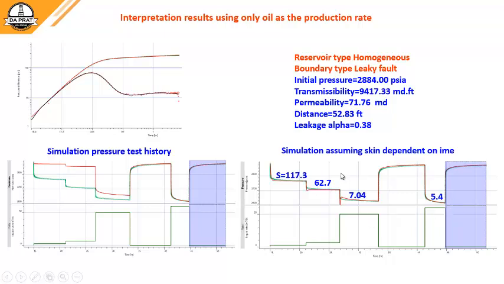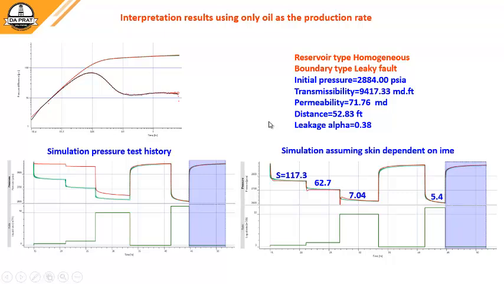Okay, maybe one thing here: if I use only oil or only water in this case, you may say, well, but you have an important water production rather than oil.